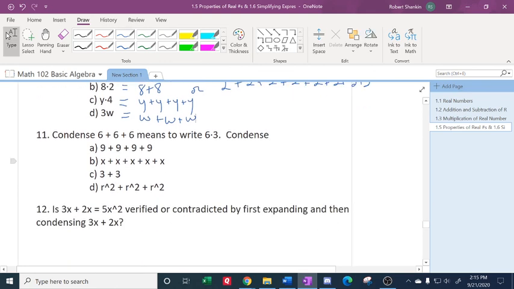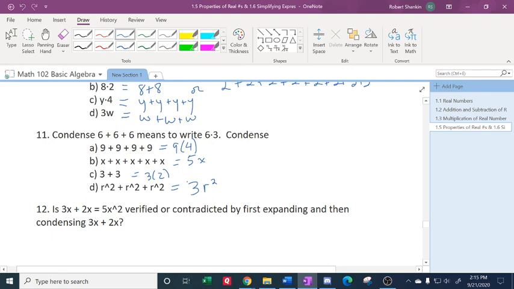Okay, and then condensing. I would condense this as 9 4 times. This is 1 2 3 4 5 x 5 times. 3 2 times. R squared 1 2 3 times. They're called like terms if they have the same variable to the same power.